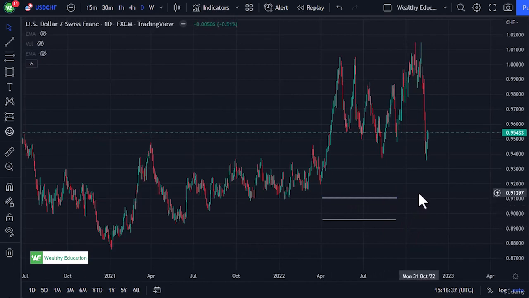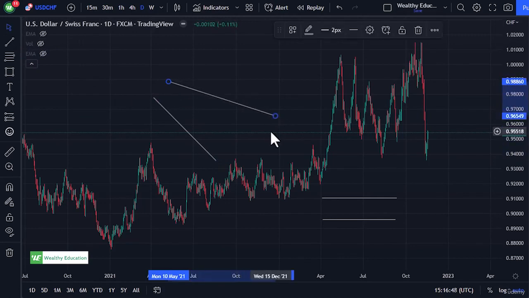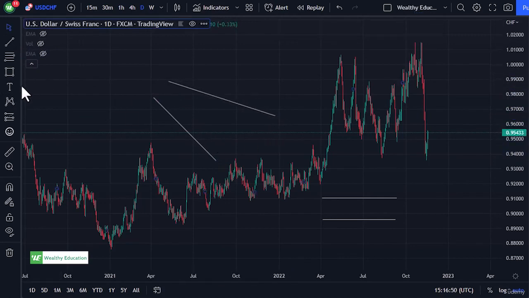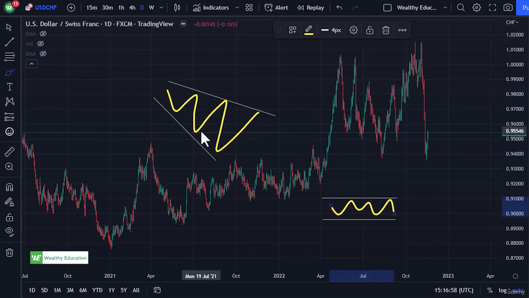You can get a broadening wedge at the bottom of a move or the top of a move, where basically what you've got is a situation where price is moving like this, and over here it'd be moving like this.